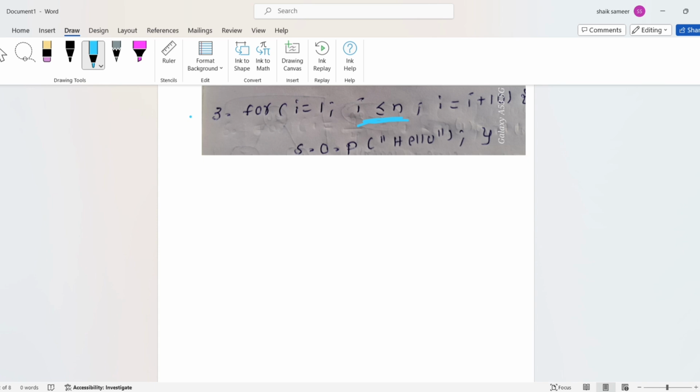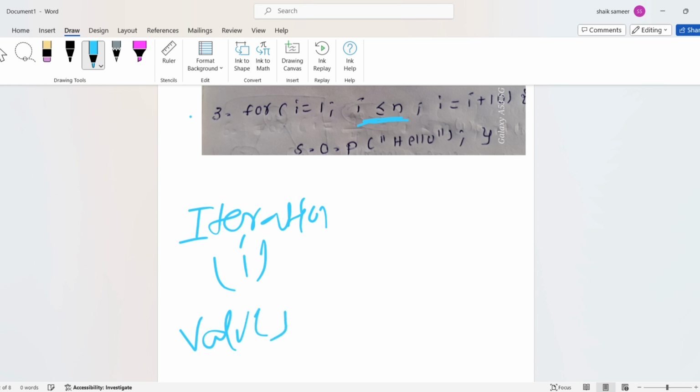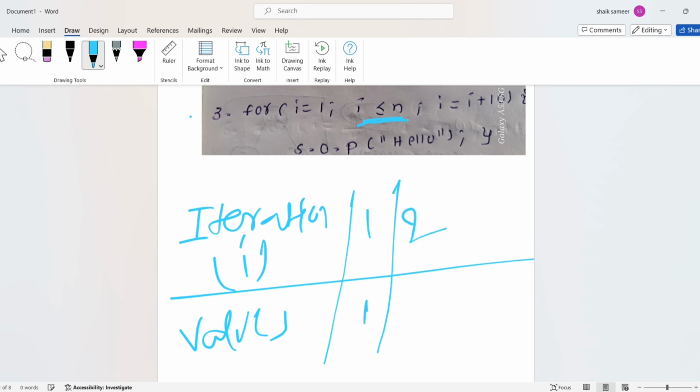First, before iterations, I will show the iteration for i. Here we will get values. For i equal to 1, I will get 1. For i equal to 2, the value will become 1 plus 10. Understand? 1 plus 10.